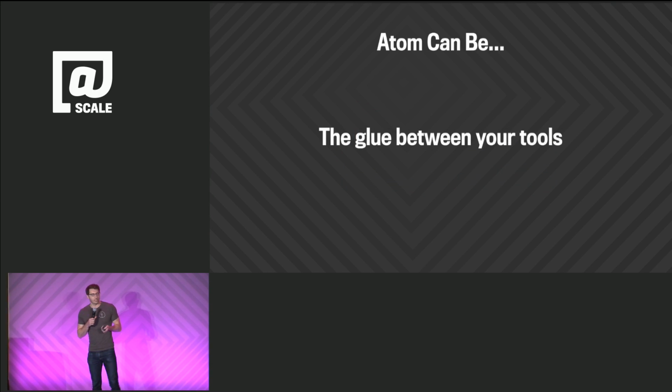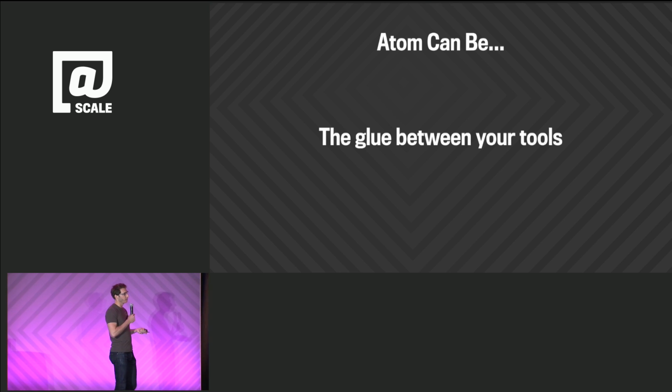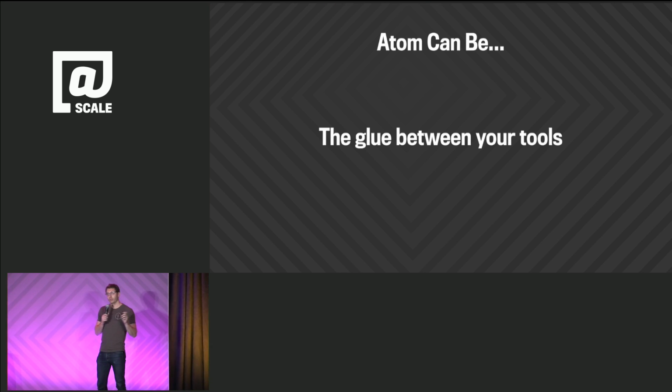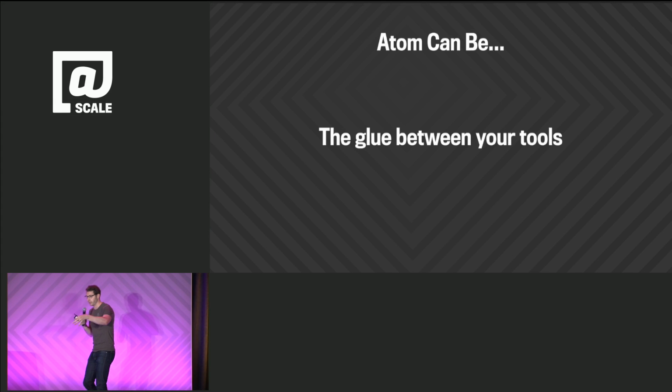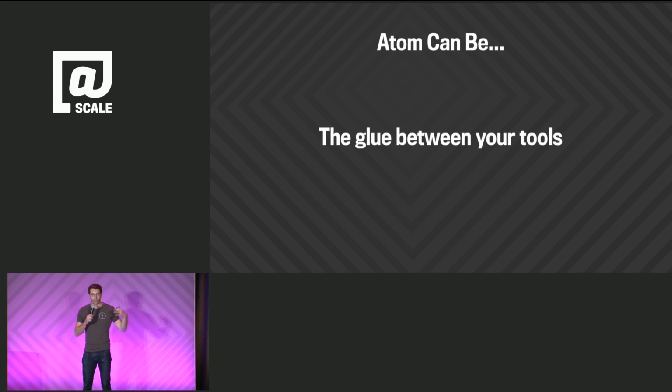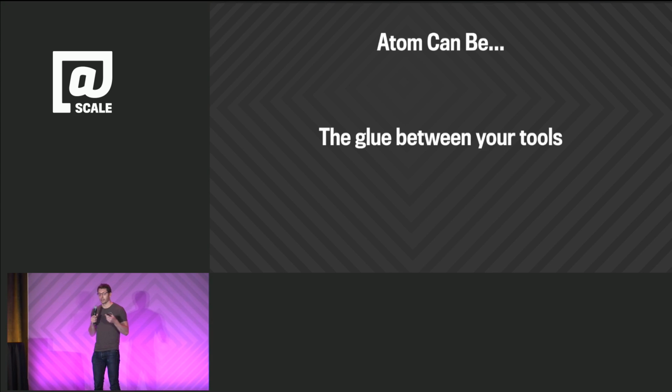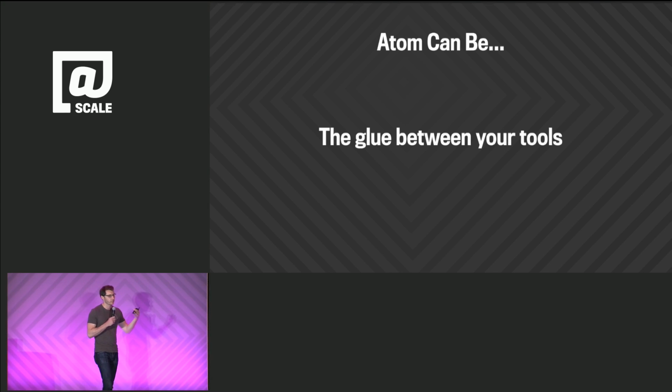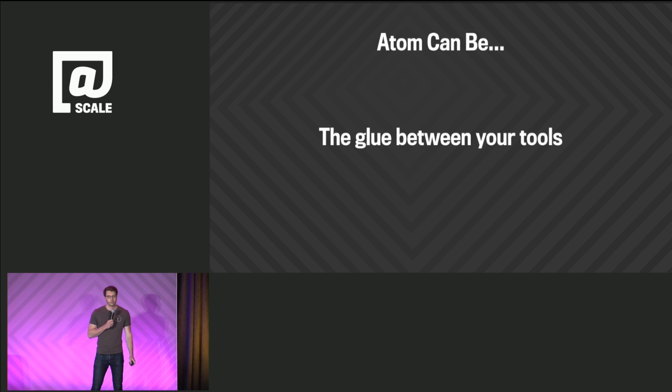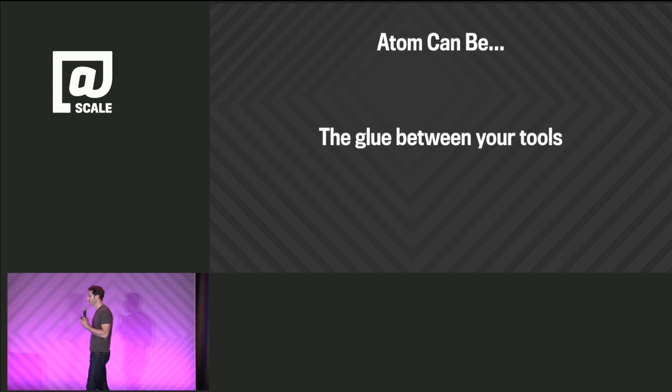Let's say you had a build system called Buck. You can shell out to Buck, capture the output, and put it in a panel. You can parse that output, figure out what the progress is, and display that progress in the status bar. So it can be the glue between your tools.